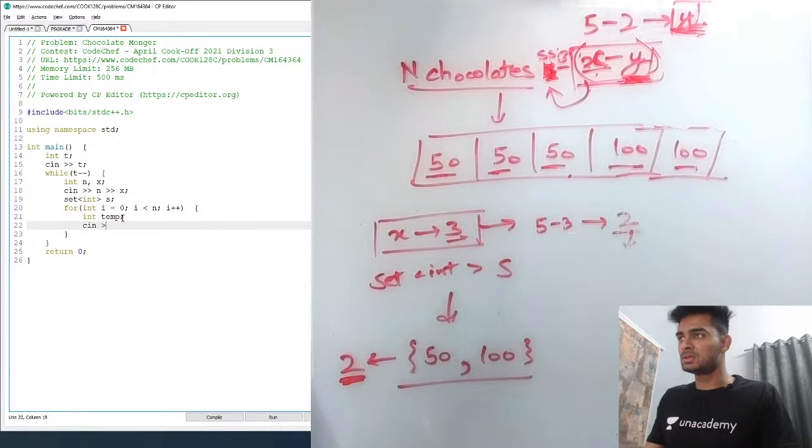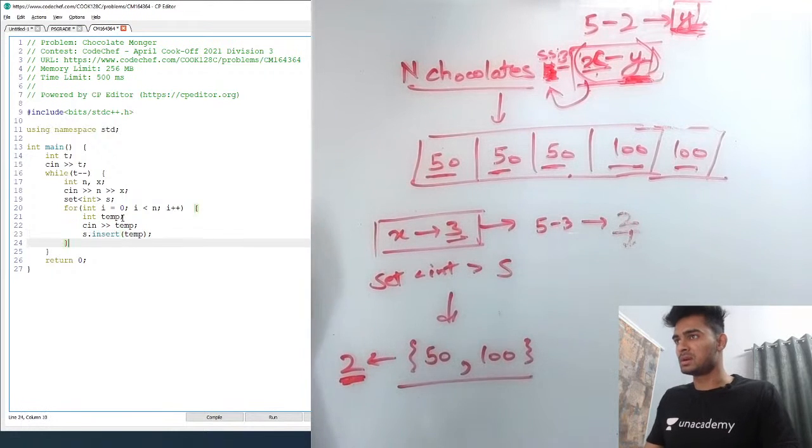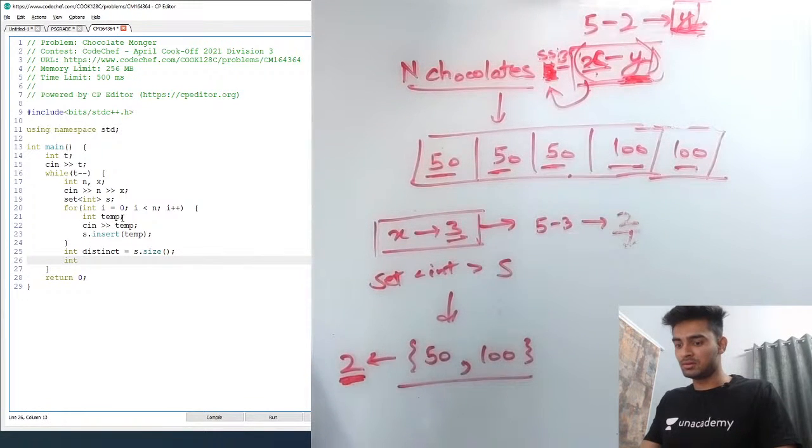And int temp, scan temp, and then we'll insert this temp into the set. Now we need to find duplicates. We'll first find the count of distinct. So this distinct is equal to s dot size, and then we'll find the duplicate values. Duplicate equals n minus distinct.